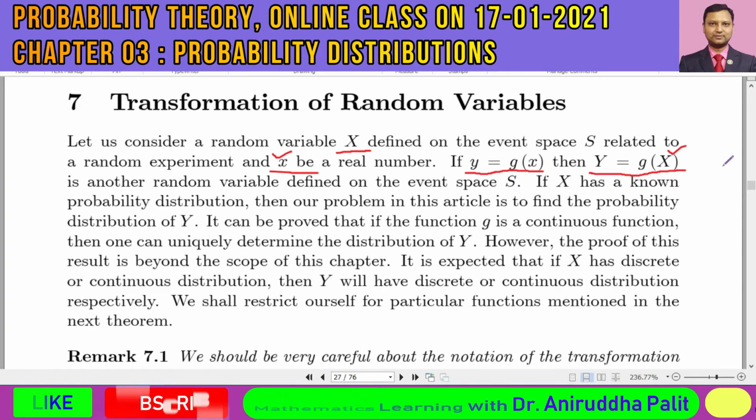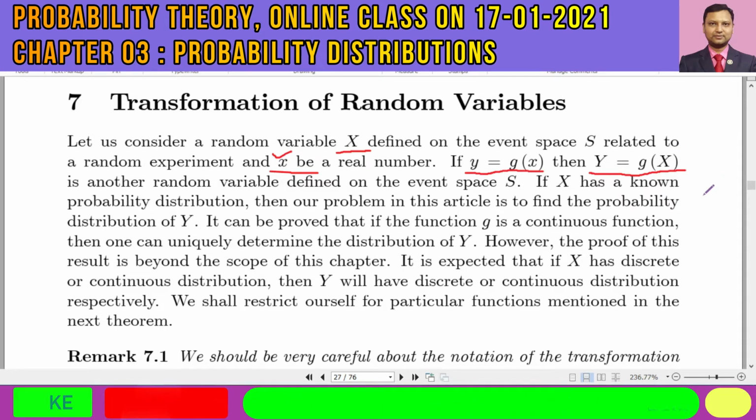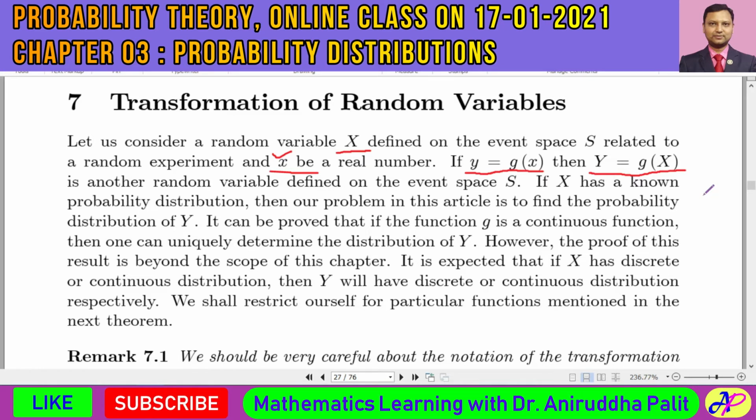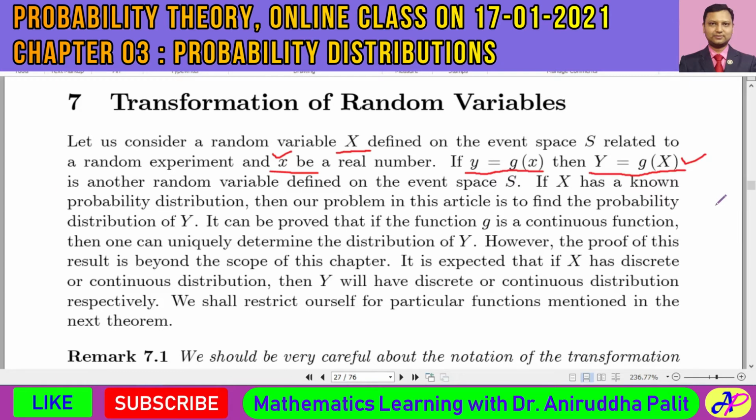And now, if the probability distribution of the random variable X is known to us, then the problem here is to find the distribution of Y, or g of X. How can we find the distribution of Y from the distribution of capital X?